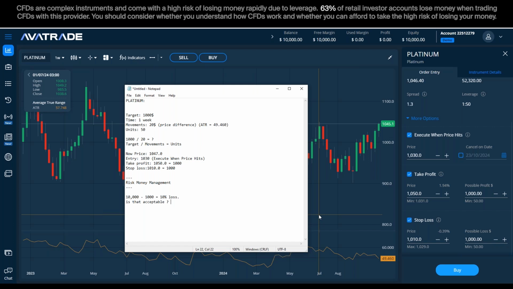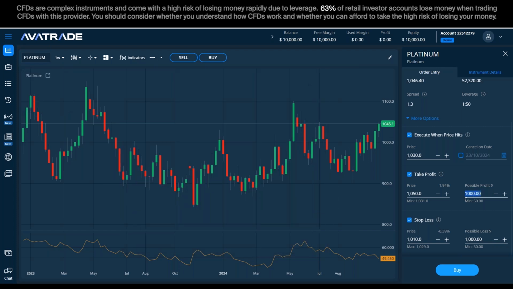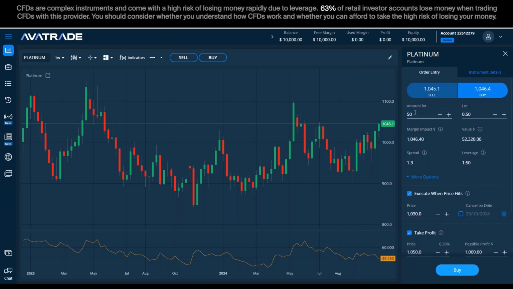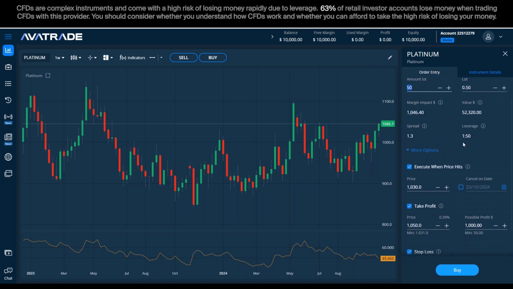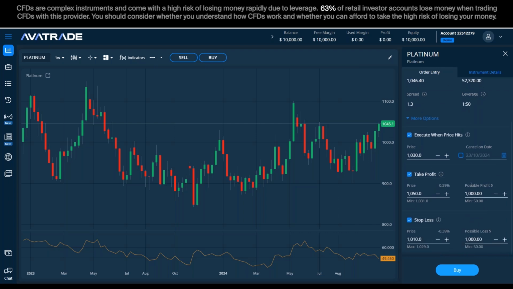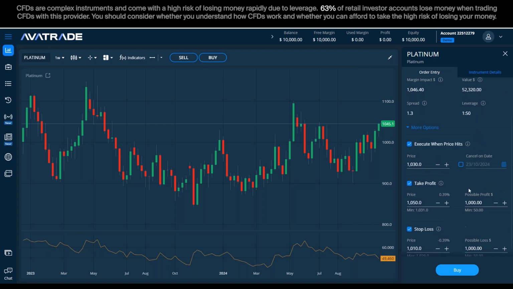So we must find a way in this case to make this 10% into 2%, but still sustain the profit as we want to keep it like this, right? So we need to customize this, but we want to keep the profit as it is. Now, if we would touch the lot size and minimize the lot size, watch what happens with both possible profit and possible loss.